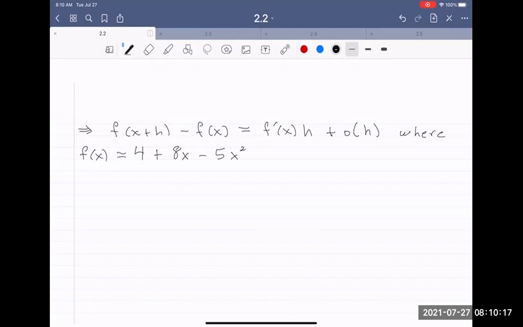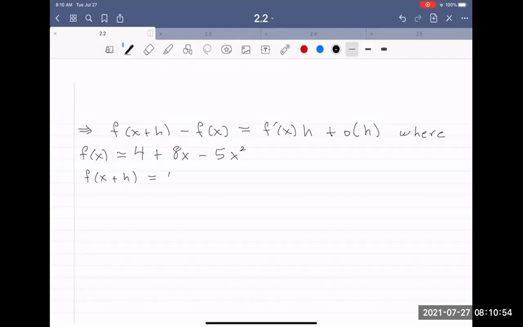So f of x plus h: in this particular situation, replace every x in the formula for f by x plus h. Simplify and then see what happens. Okay, so let's do that.